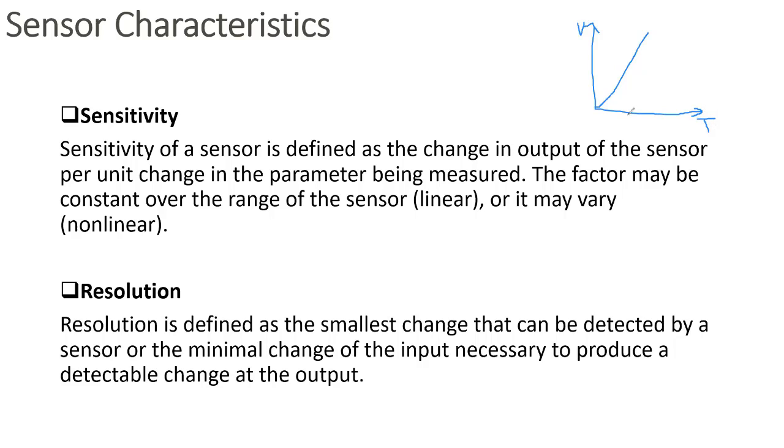At 25 degrees, I'm going to get this much voltage out of the sensor. After 1 Celsius is up, I'm going to get this much voltage. Let's assume this gap is a 1 Celsius increment. How much the voltage has changed is displayed by this graph. So this is the sensitivity of the sensor.